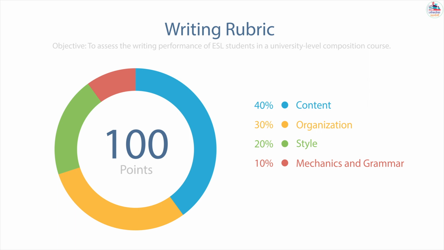We have to make first of all 100 points and separate these 100 points into a variety of criteria. For example, the writing rubrics for ESL students assess the writing performance of ESL students, whether at school level, university level, lower secondary level or primary level.